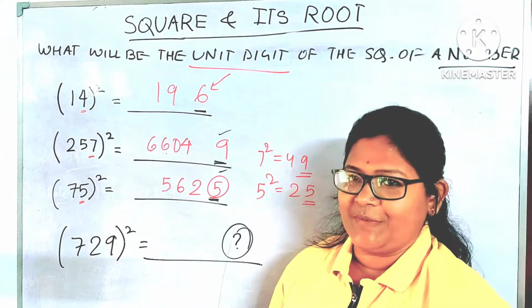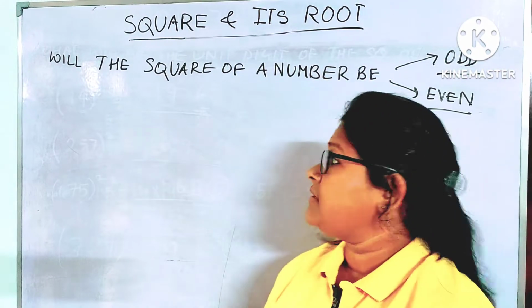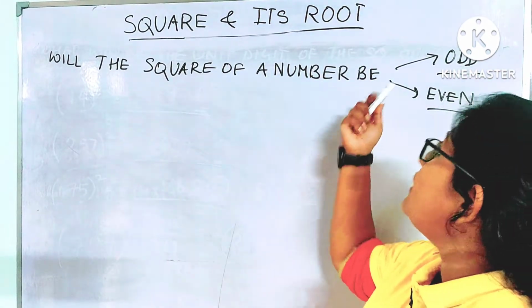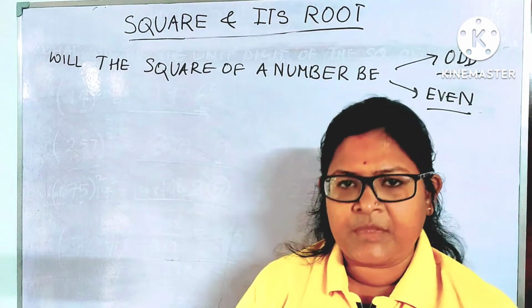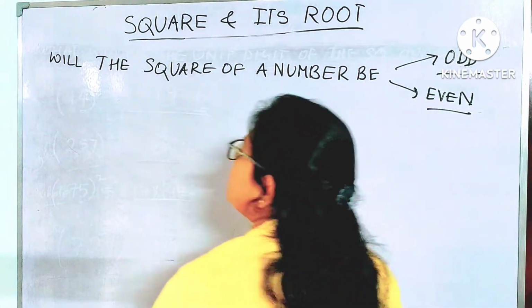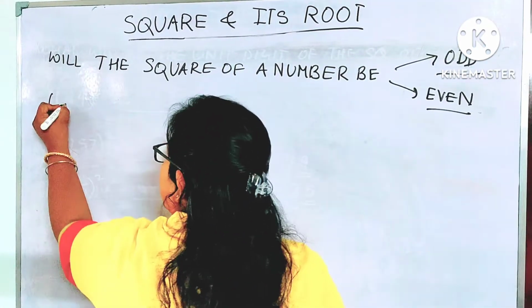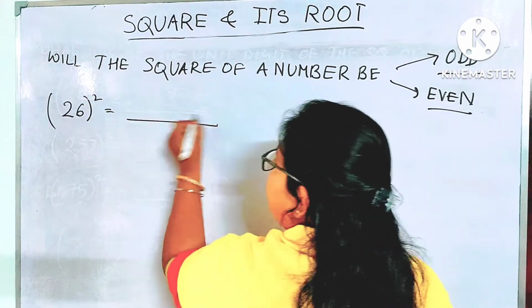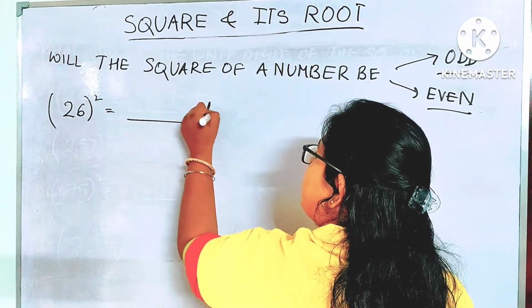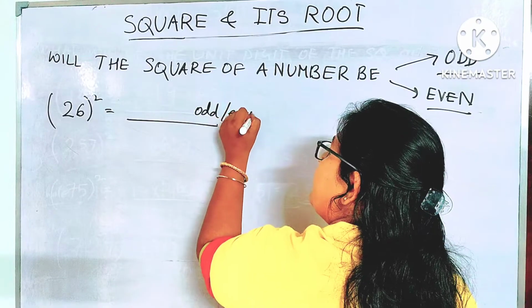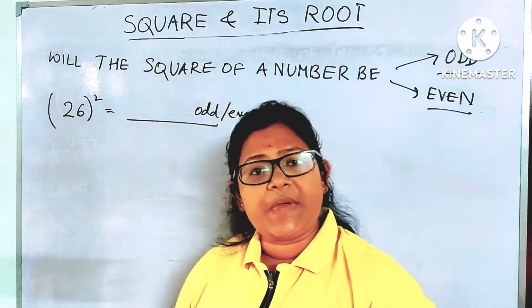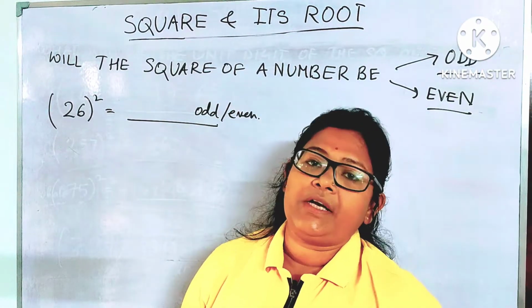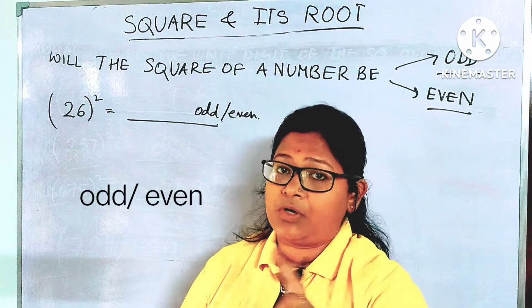Okay? It's very simple. My next part is, will the square of a number be odd or even? That is very easy to find out. Suppose I get a question, 26 square. I have to find out whether this number is an odd number or an even number. It's very simple. How do we find out a number is odd or even?